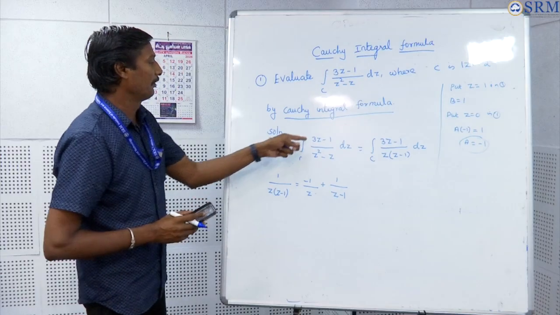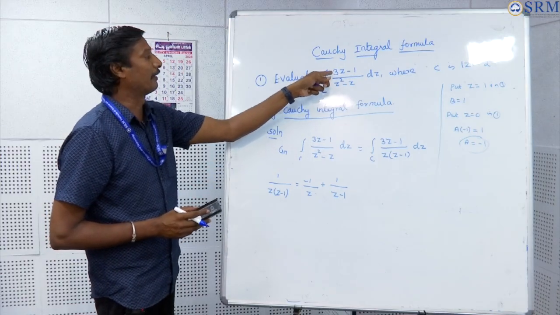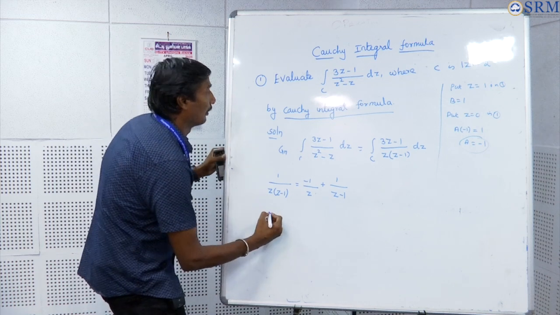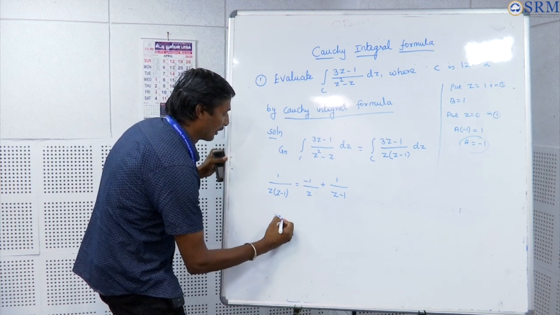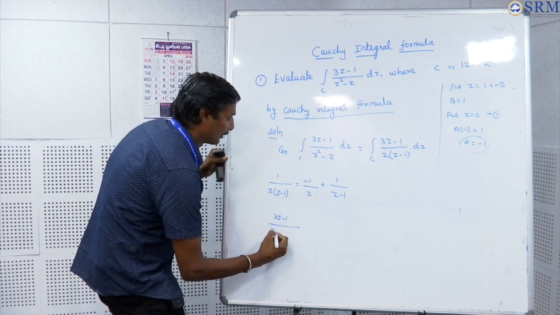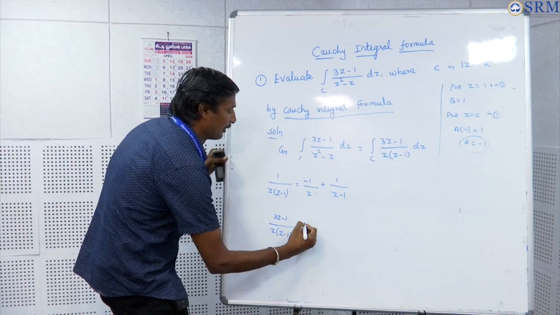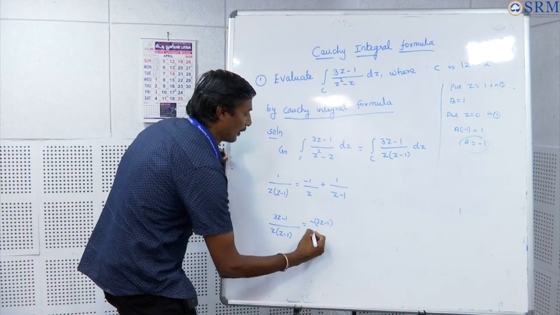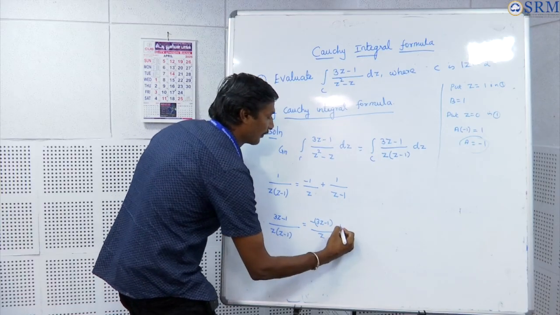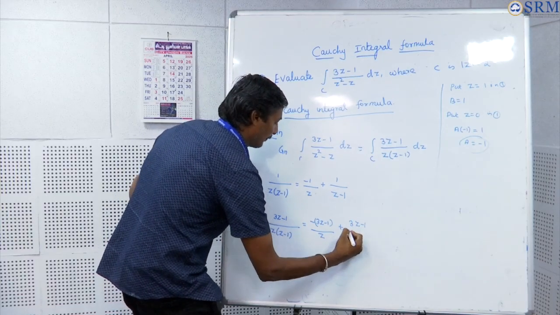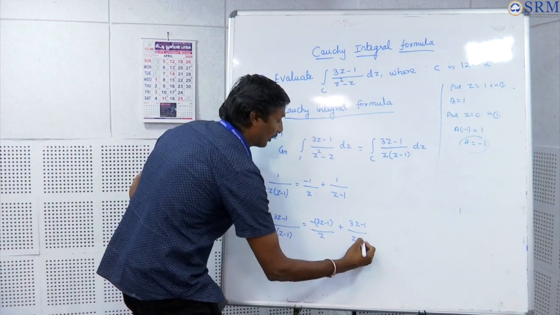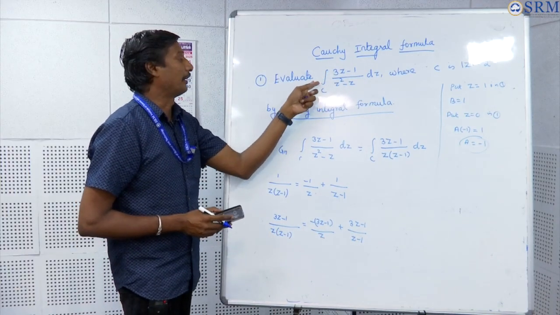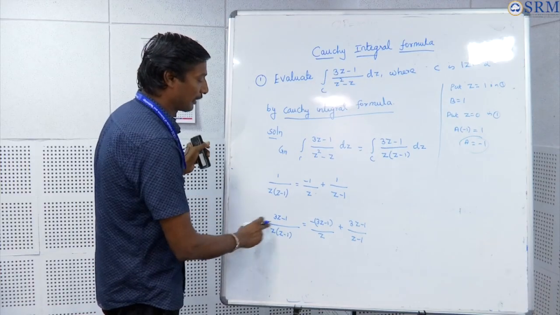See our question, the numerator there is 3z minus 1. So I want to multiply both sides by 3z minus 1. So (3z minus 1) upon z into (z minus 1) is equal to minus (3z minus 1) upon z plus (3z minus 1) upon (z minus 1). The next step is to take the integral with respect to z on both sides.